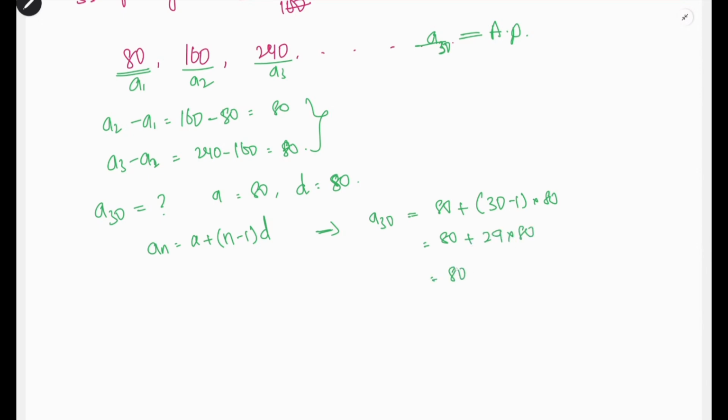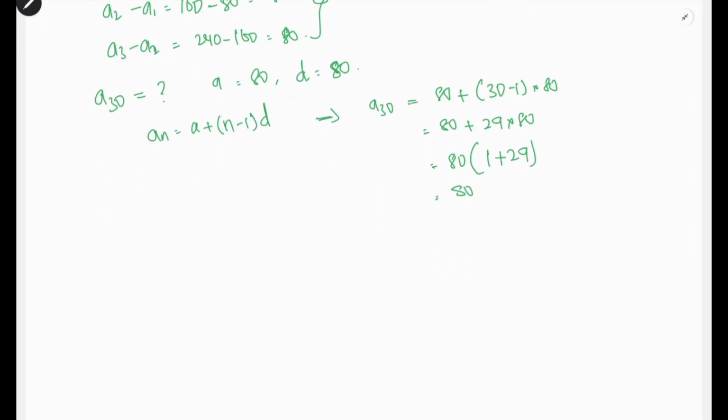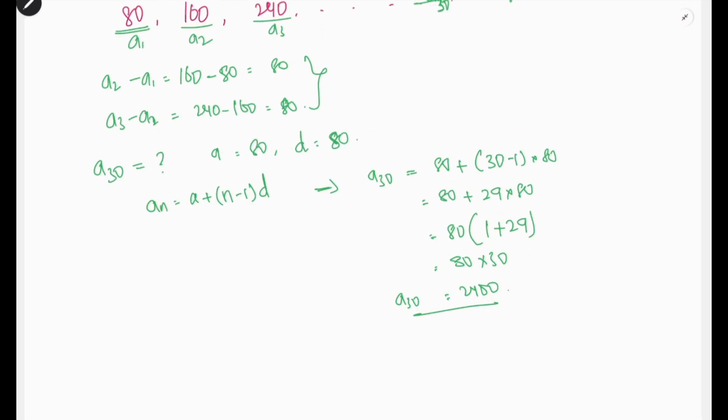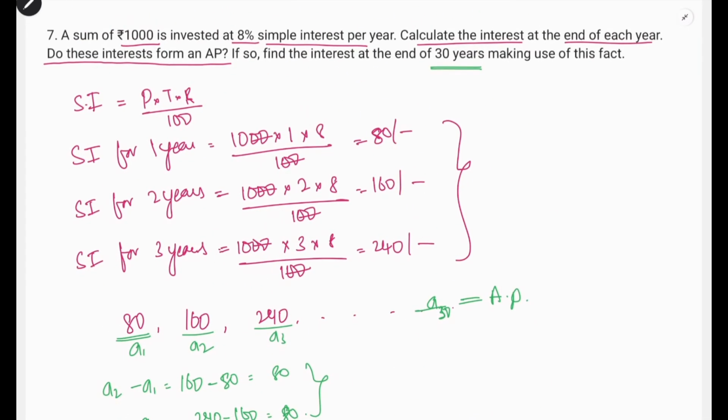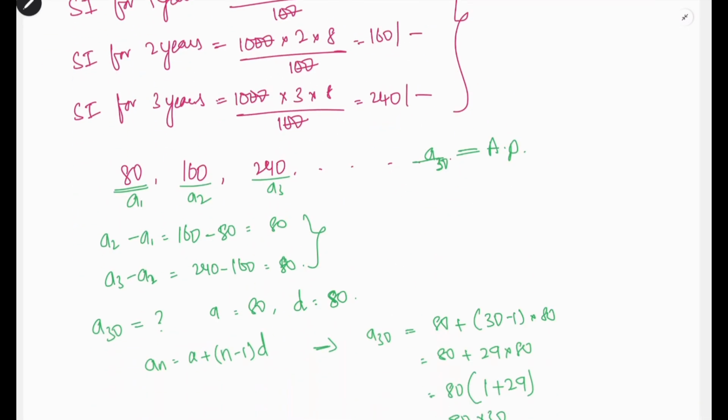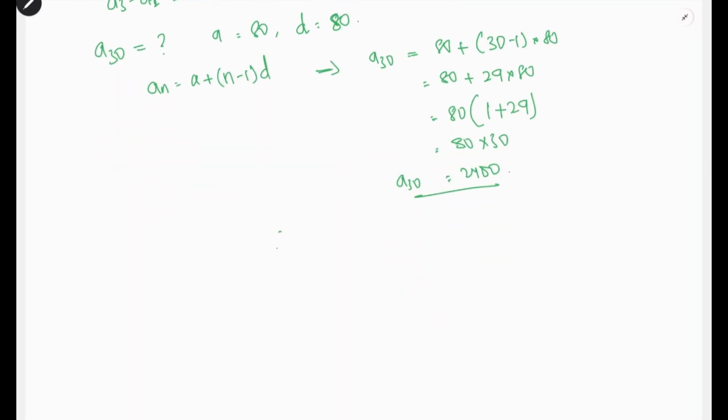Just take 80 common: 80 into 1 plus 29, it is 80 into 30. It is 2400. So the 30th term is 2400. So the interest at the end of 30 years is 2400. Therefore, the required answer is 2400 rupees.